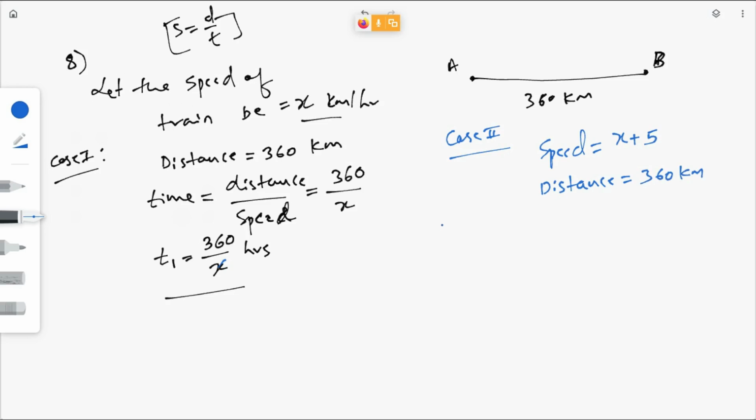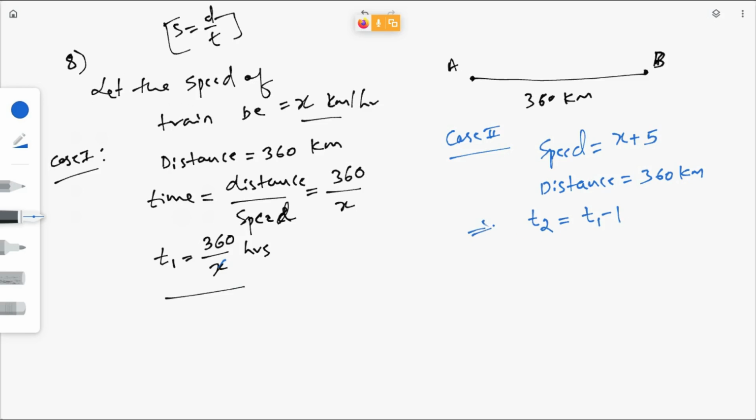If the speed had been 5 km per hour more, what about time? It would have taken 1 hour less. So time taken in the second case, t2, is 1 hour less than the time taken in the first case.